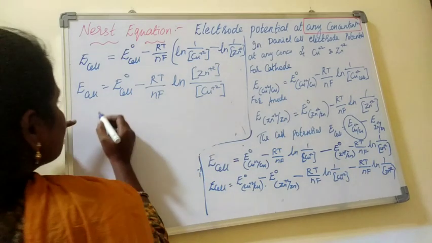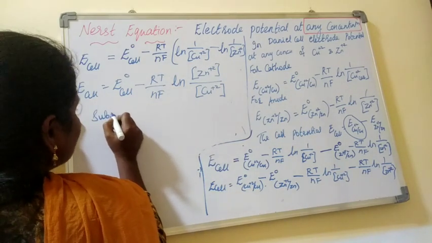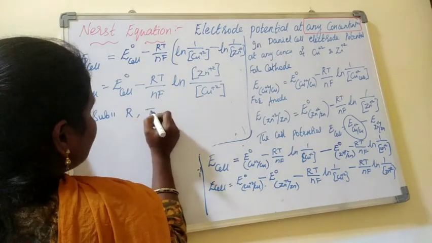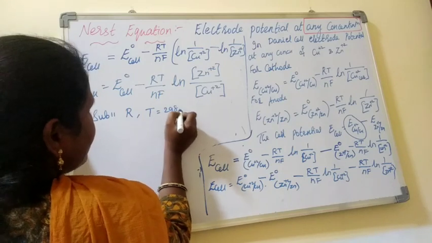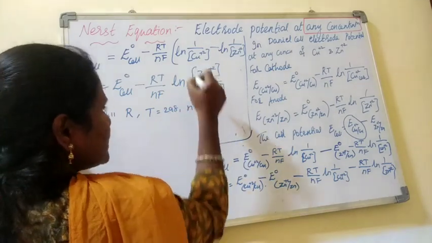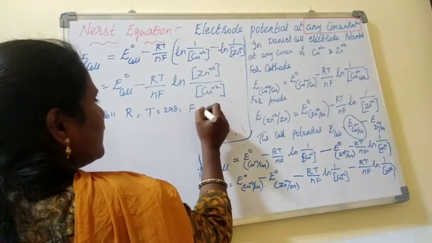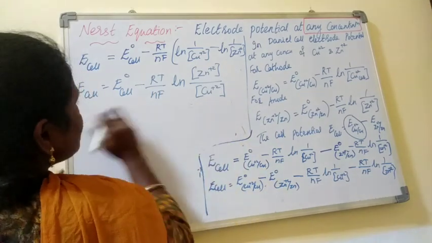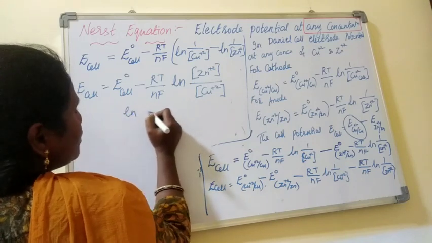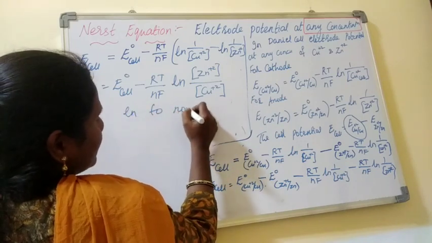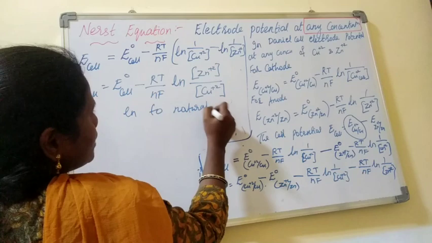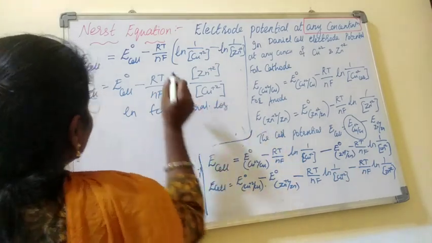Actually, even by substituting the R value, T at 298 Kelvin, N the number of electrons, F, first converting the natural logarithm to base 10 logarithm, right?